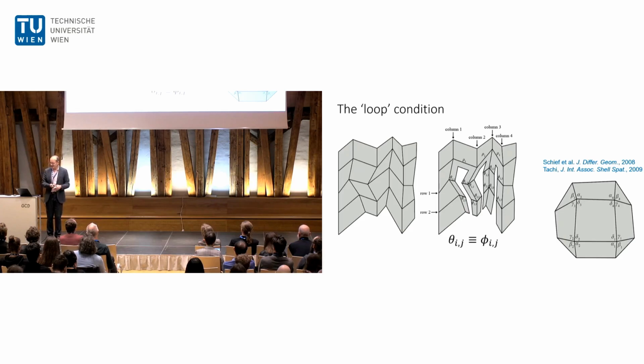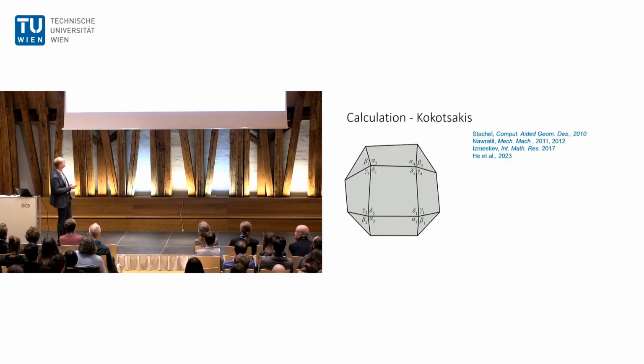And so we came across this basic loop description, that around each facet you have to have a set of angles that allows this deformation, which had been introduced by Tachi and others a little bit before we started working on this.